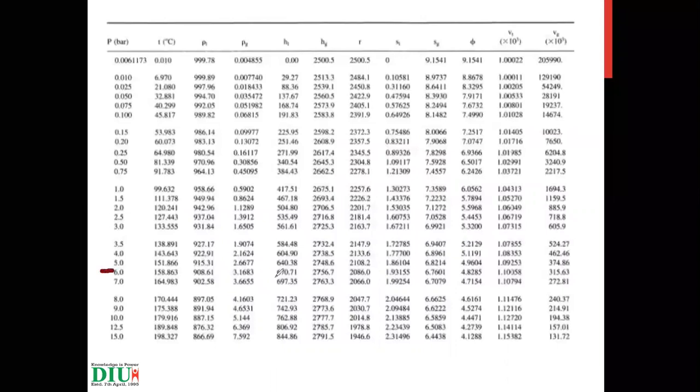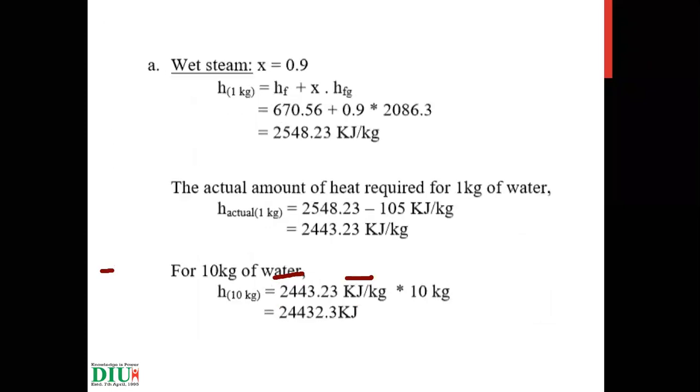So the values are 670 and 2086. That is the value from the steam table. You have to use the steam table this way.